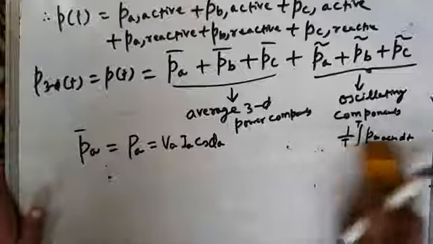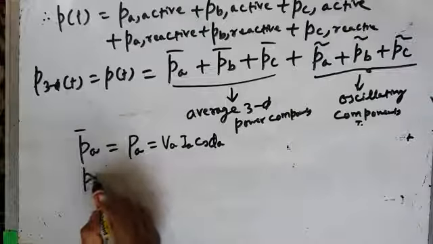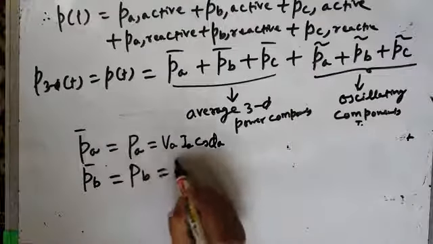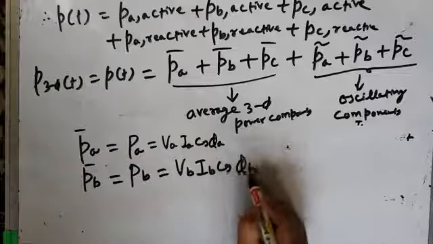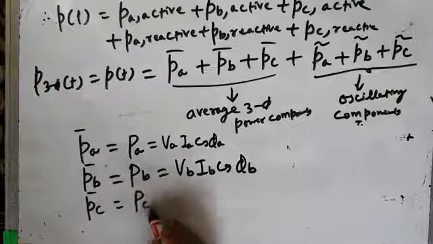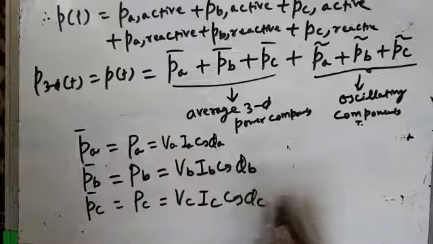Similarly, the average power carried by phase B will be VBIB cos phi B. And the average power carried by phase C, capital PC, is VCIC cos phi C.